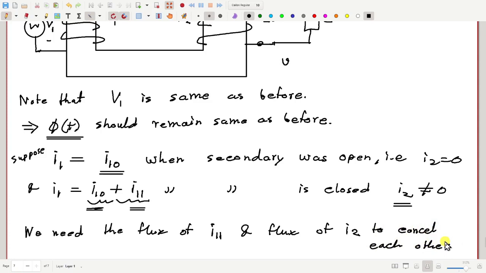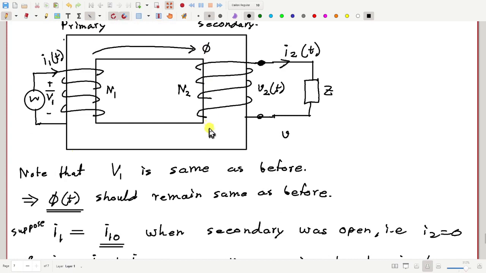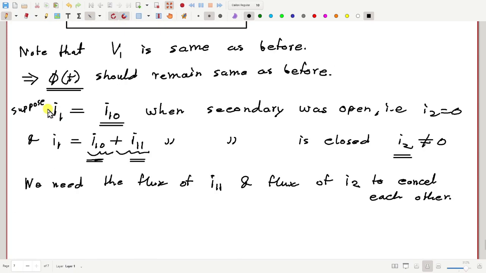Then only the flux will remain the same, and we must have the flux remain the same as before because the voltage in the primary is the same as before. So the flux due to I1' and the flux due to I2 should cancel each other.